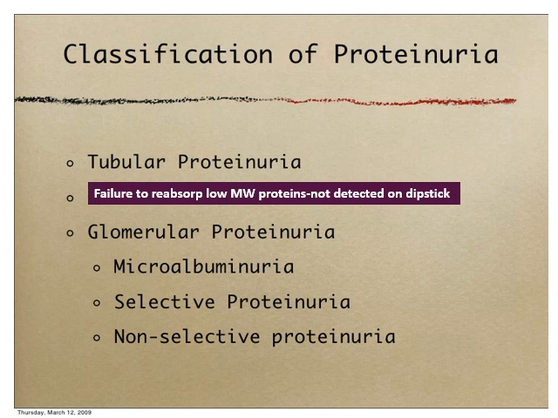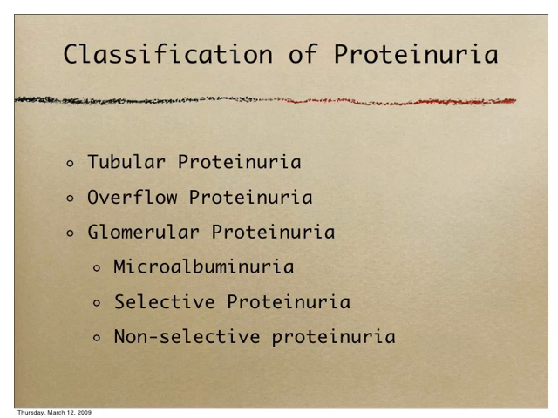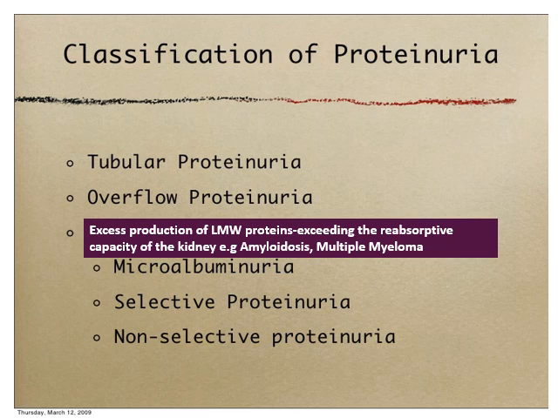Tubular proteinuria refers to failure of the tubules to reabsorb low molecular weight proteins, not albumin. And so, it is not detected on dipstick because dipstick usually detects albumin only. In overflow proteinuria, there is excess production of low molecular weight proteins, and this exceeds the reabsorptive capacity of the kidney.